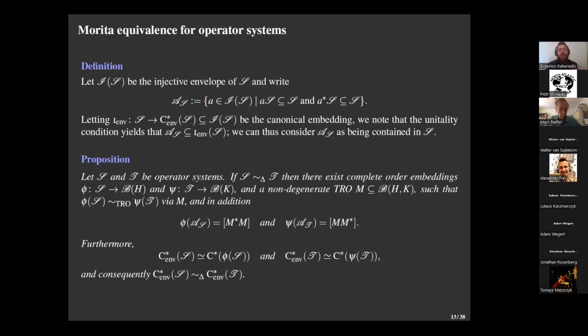That's very helpful. In fact, whenever I have a delta equivalence between operator systems, I can transform it by using this tool for fixing representations, fixing one representation and then using it on the other one. I can make it so that the TRO can be chosen to give Morita equivalence between the sister algebras of the multiplier algebras of S and T, and also that the sister envelopes are Morita equivalent.